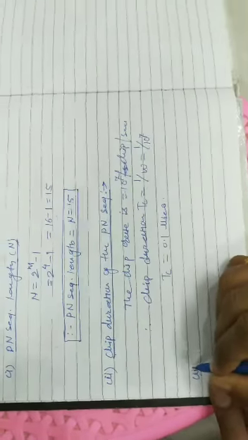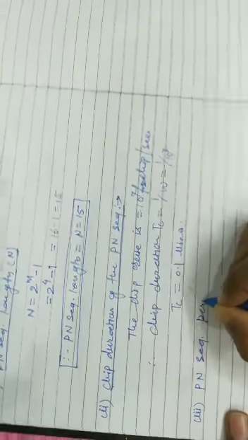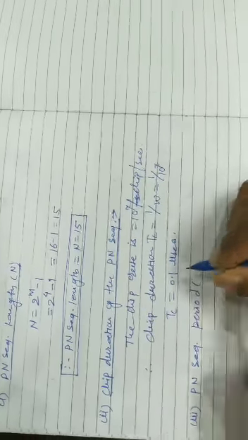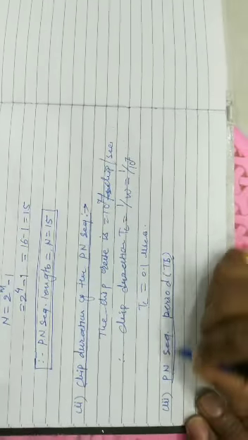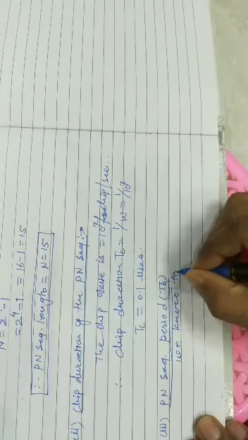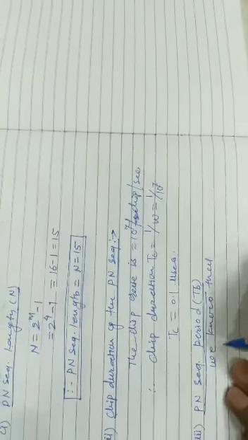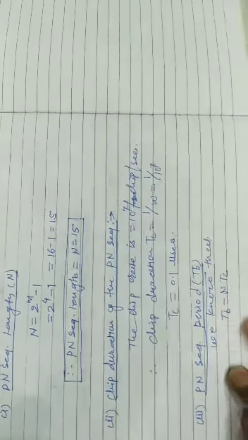The third part, we need to find out the PN sequence period, that is we need to obtain the value of Tb. We know that Tb is equal to N into Tc.